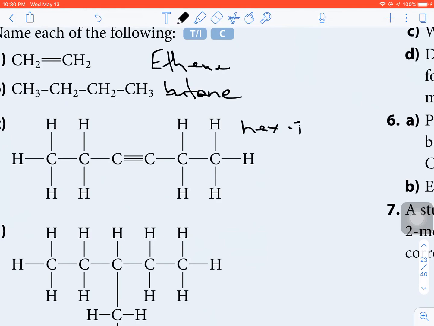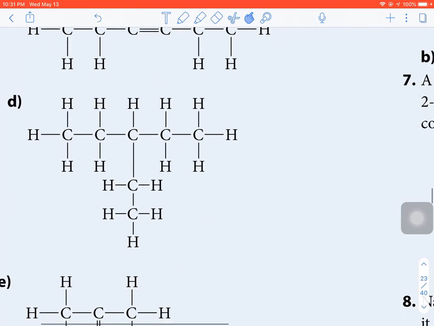Hex-3-yne, Y-N-E. Okay, so let's see if I can switch to my other stylus here. Maybe I'll have more luck. So hex-3-yne.